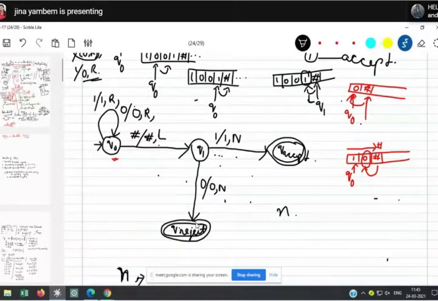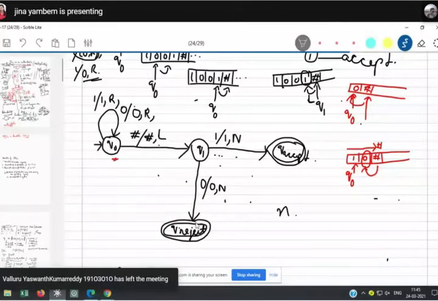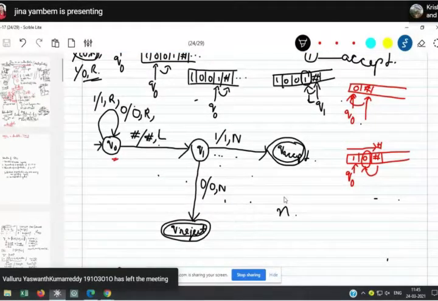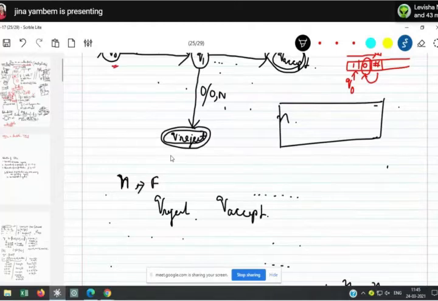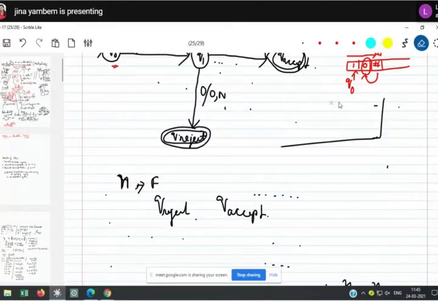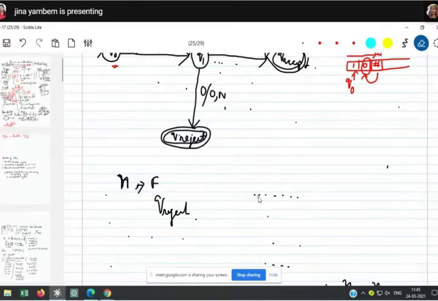But when we are inserting QReject, your state diagram becomes a little bit messy. Then you can insert the criteria in the state table also. Okay. So suppose here in this case, let me just clarify it with an example. Don't get confused.